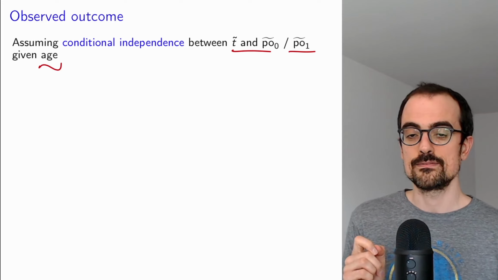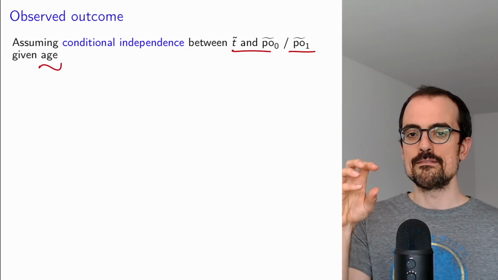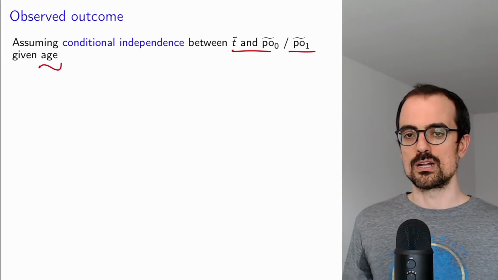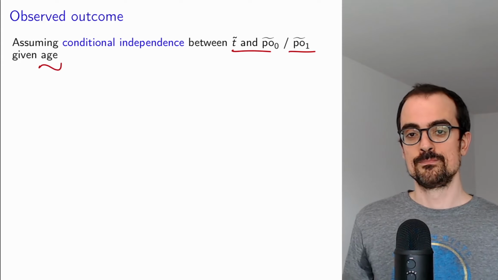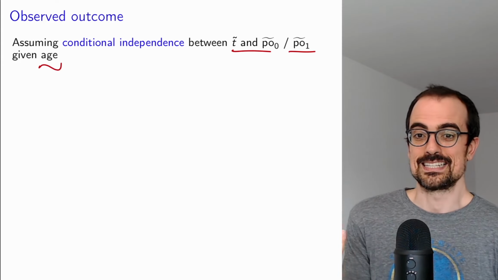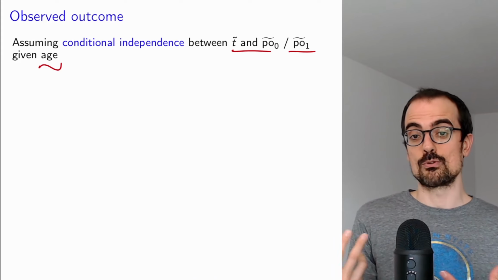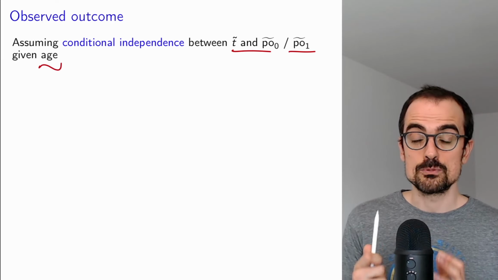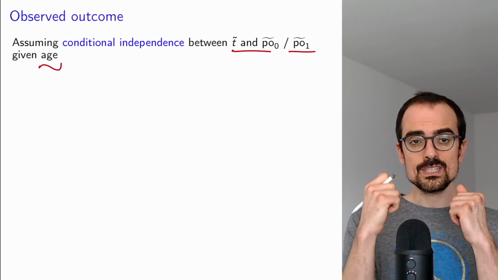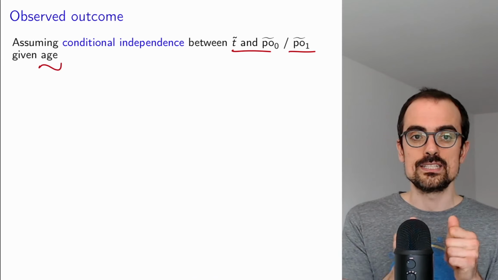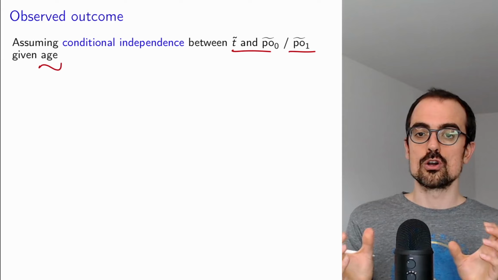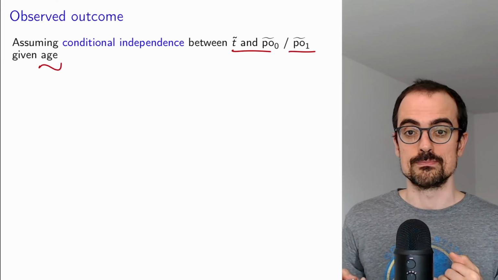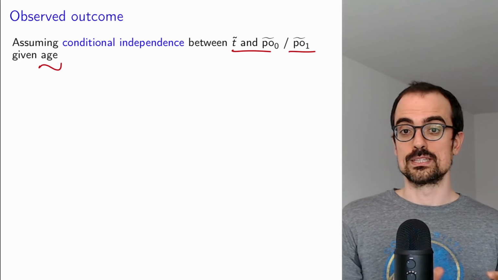It's equivalent to having mini randomized trials for old people and mini randomized trials for young people. Of course, this is a stretch, although maybe if you're combining randomized trial data, this could be true, but this is the assumption we make to analyze the effect of just this confounder. If all of the dependence between the potential outcomes and the treatment is captured by this confounding variable, then this is what happens.